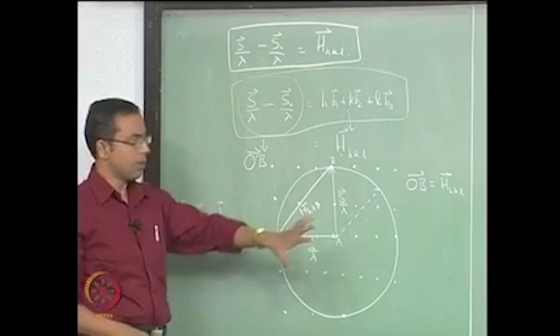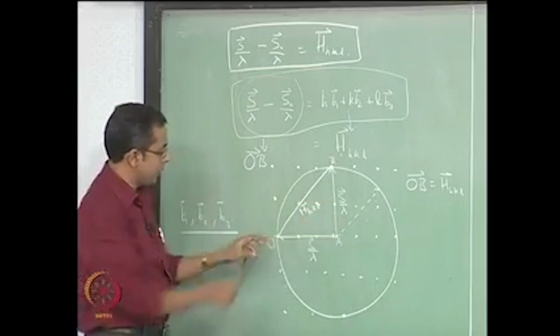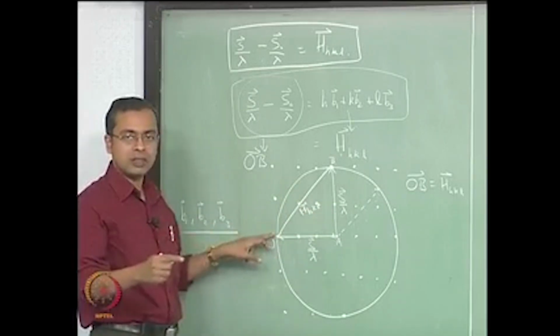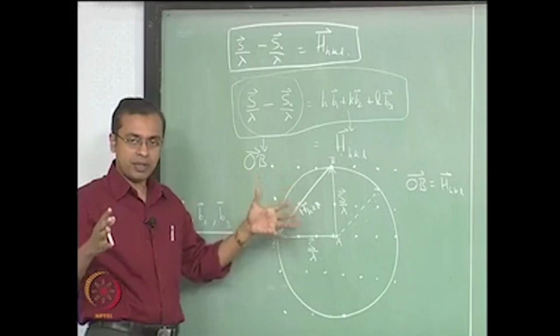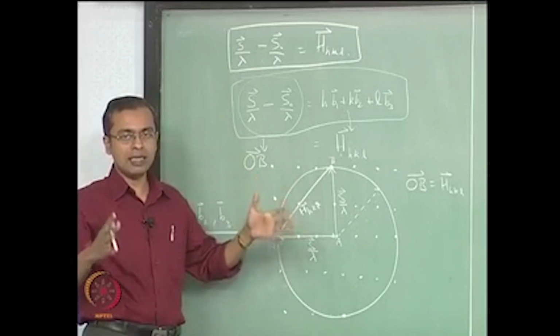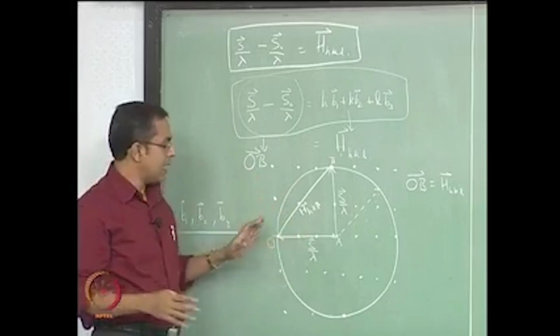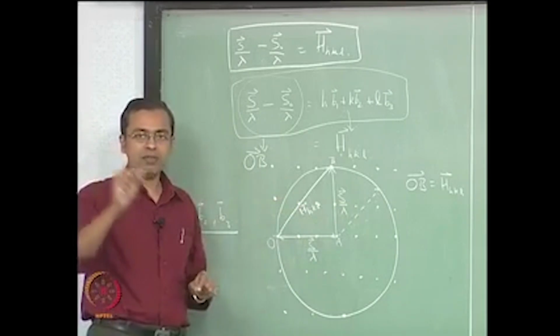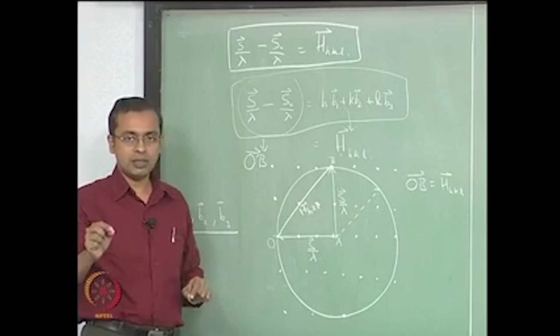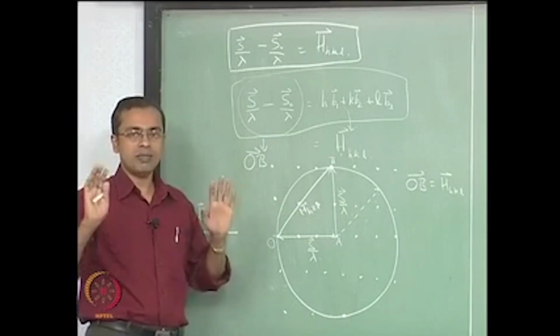So in the same way you can plot B1, B2, just the way I plotted B1, B2 you can additionally put B3 points here and behind the board. So you will get a 3 dimensional set of points corresponding to valid reciprocal lattice points, and you will have a 3 dimensional sphere. Any place the surface of the sphere touches one of those reciprocal points, you have a valid condition for diffraction.